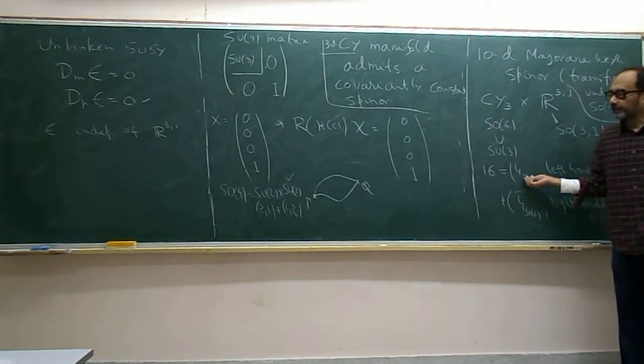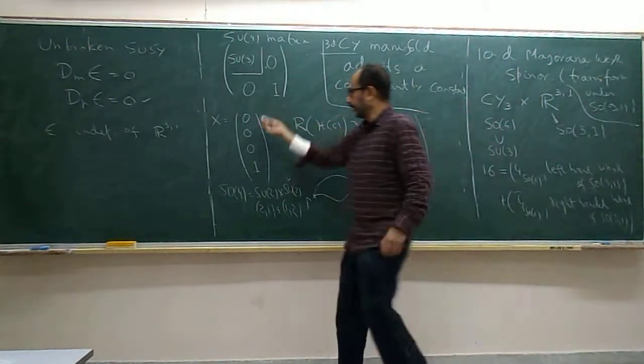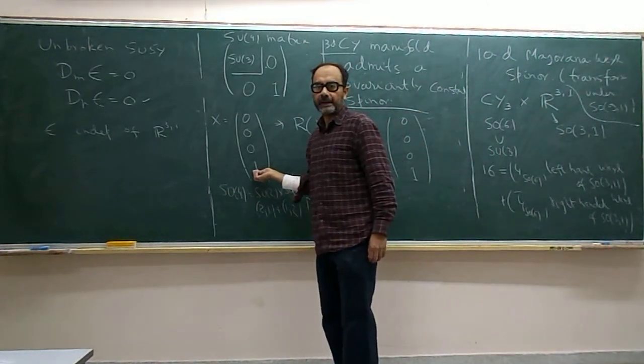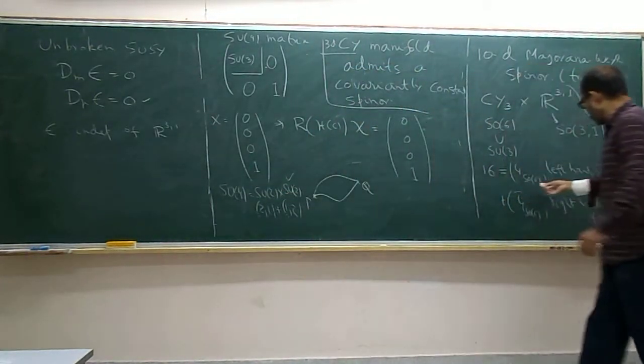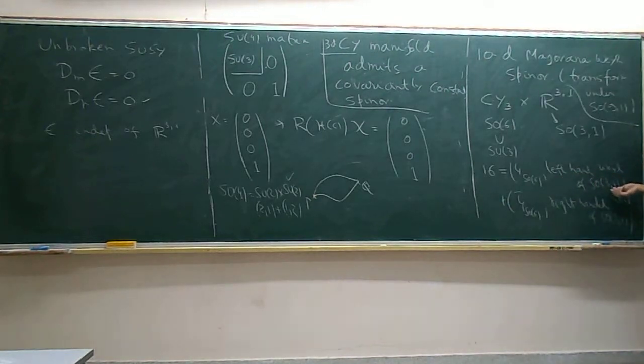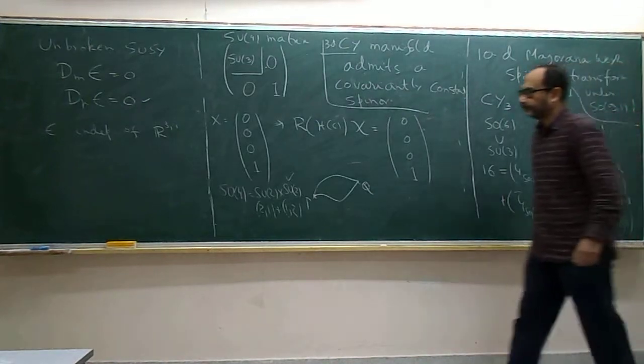Out of these 4 components, there is a unique covariantly constant spinor that you can construct this way. So you get one component here, a left-handed spinor of SO(3,1), and then a right-handed spinor of SO(3,1), because 4 bar also has a singlet.